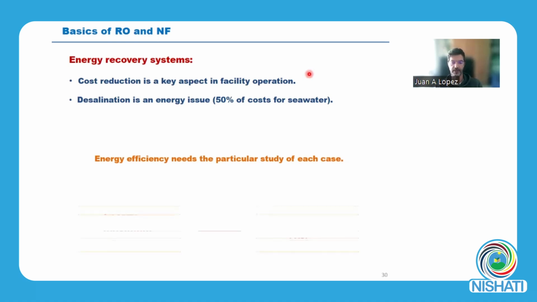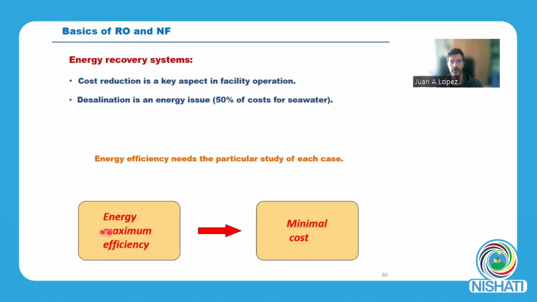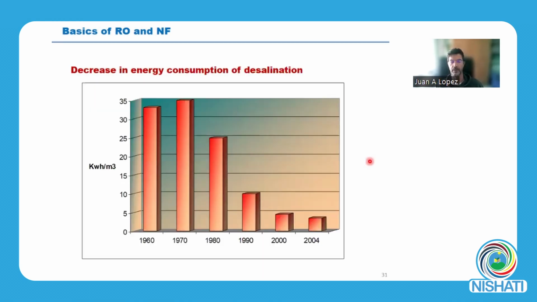So it's very important to improve the energy recovery system. If you want to obtain the maximum energy efficiency, you will need to use this kind of energy recovery system and you will obtain the minimal cost in your facility. And this is a key factor.